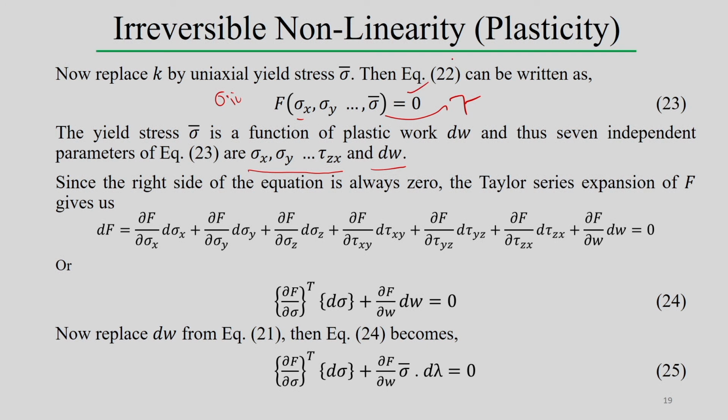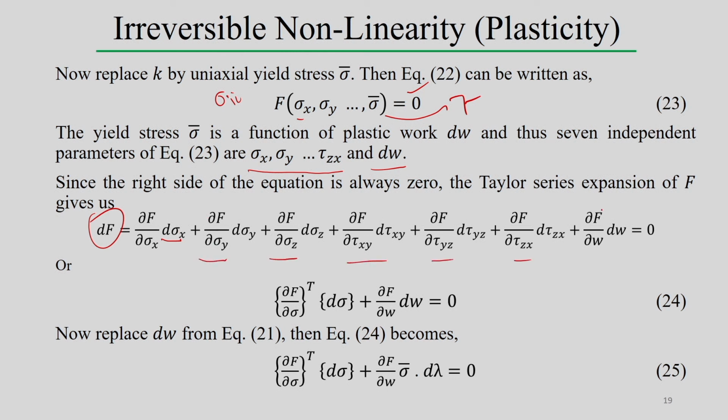The Taylor series expansion of f: assuming the Taylor series expansion of the functional form f, it can be written that way also. df, that means partial differentiation, if we consider del f by del sigma x into d sigma x, and so on in that form we can write this expression.